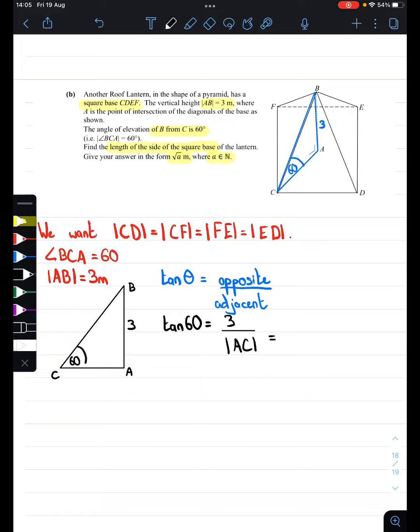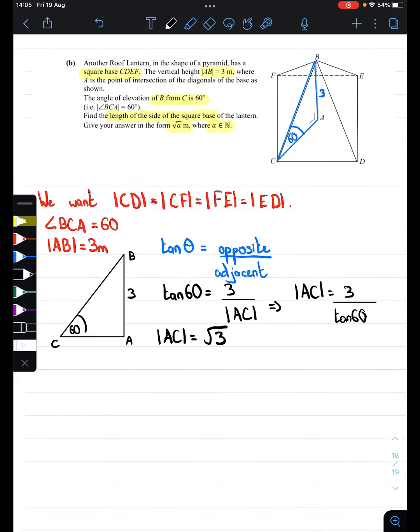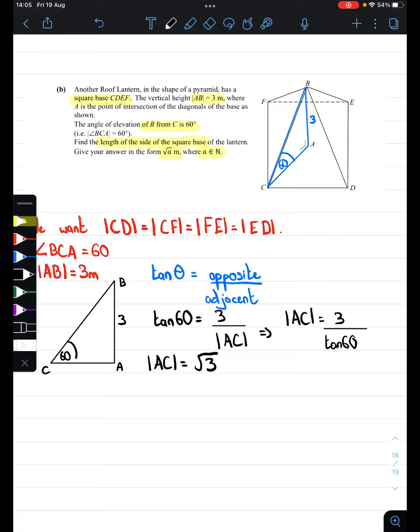And then we can find what AC is. So AC is equal to 3 over tan of 60. So AC equals square root of 3. Okay, so we have the square root of 3, the length of AC.